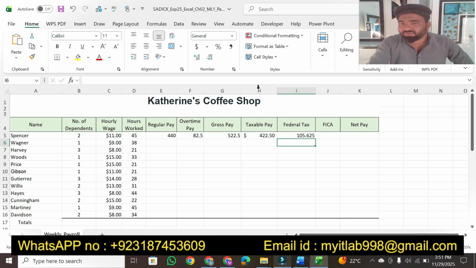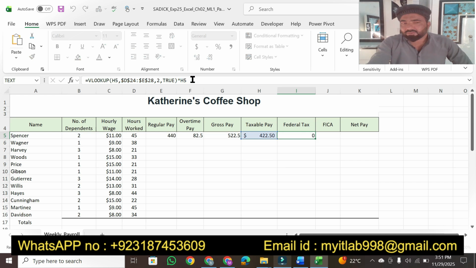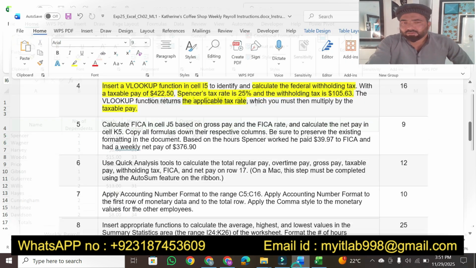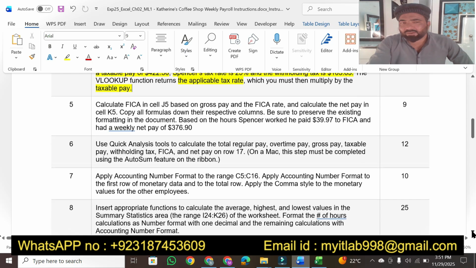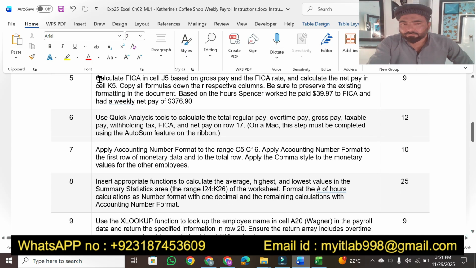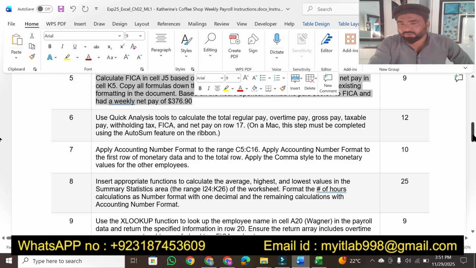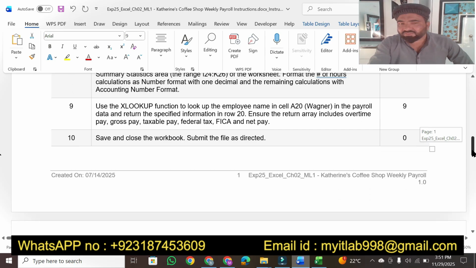So after reading the instruction, we develop a formula and we get the result. So question number 4 is done. The same way we will solve question number 5 step by step. After solving question number 5, we move toward question number 6, 7 step by step.